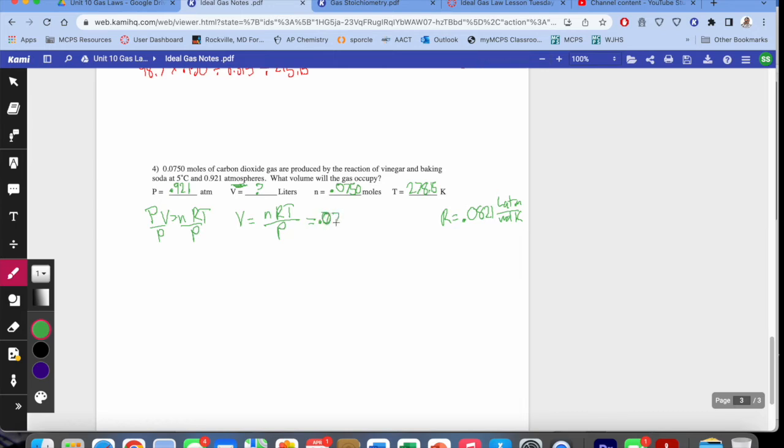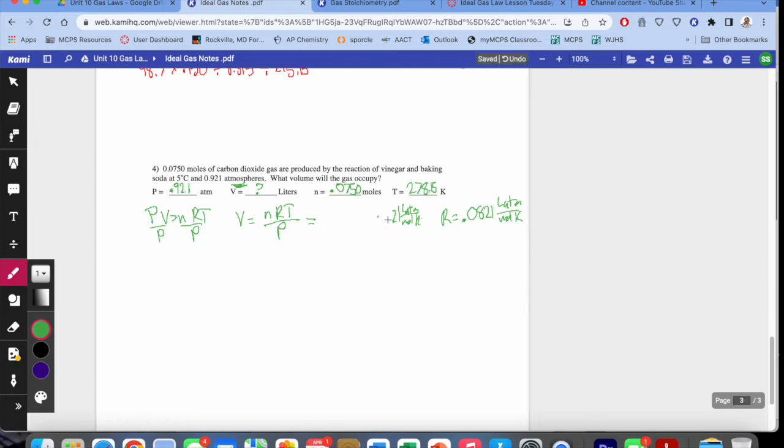We would get 0.075, don't forget that leading zero, moles times 0.0821 liter atmospheres per mole Kelvin times, and I've run out of room, so shame on me.